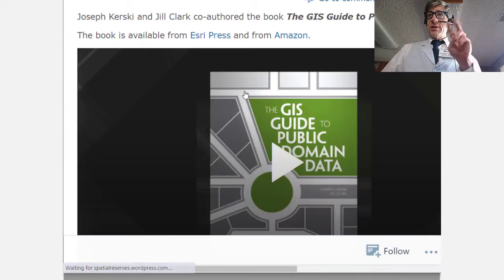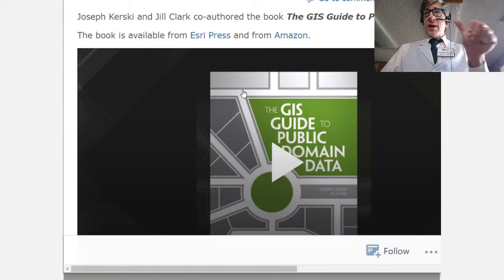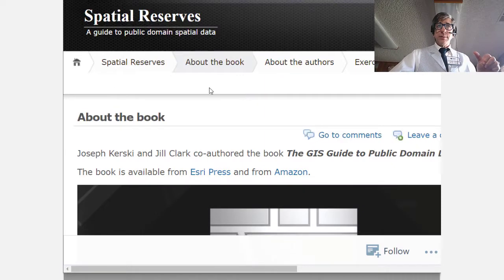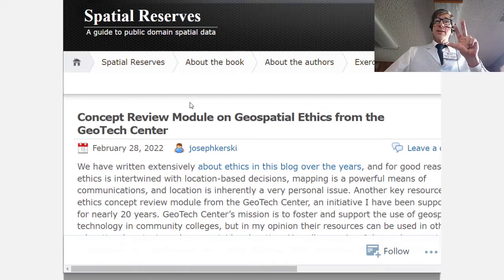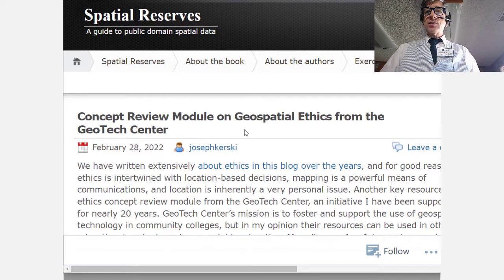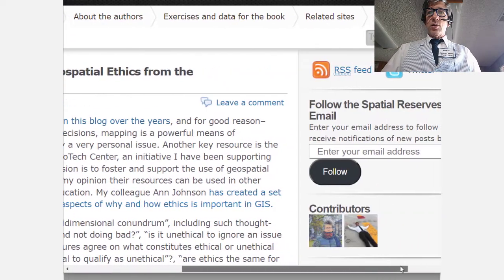It's about 3 things: where to find spatial data; how do I know if I can trust that data, so evaluation of data; and finally, societal issues, location privacy, copyright, ethics, etc. So that's what this resource is all about.